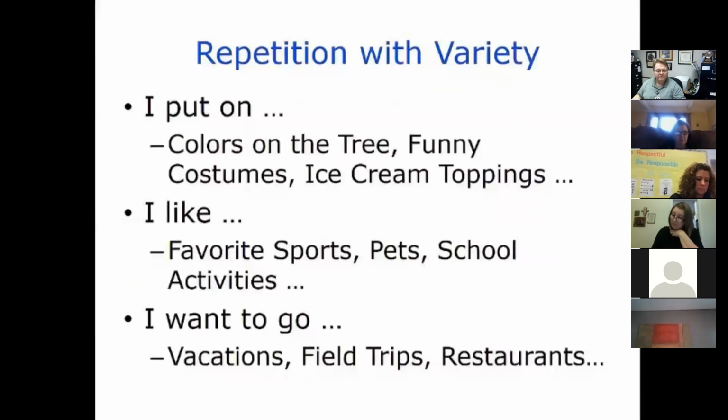The sentence stem, I like, can be applied to hundreds of topics, including things like favorite sports, pets, school activities. The sentence stem, I want to go, could be used to write about topics like vacation, field trips, restaurants. There are thousands of chart topics that can be supported with sentence stems that emphasize core words.